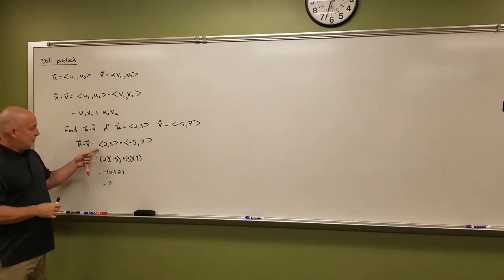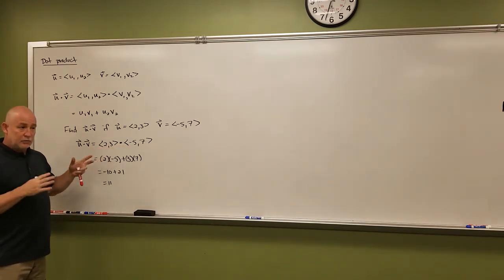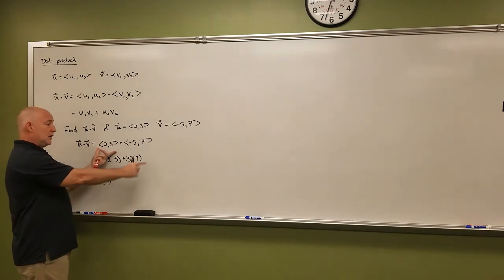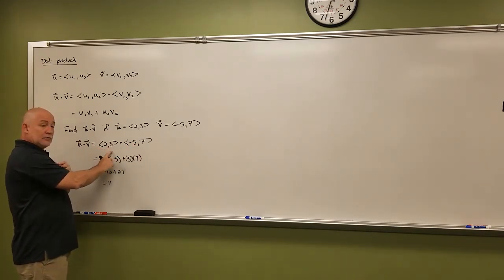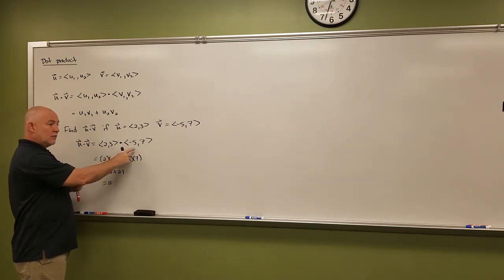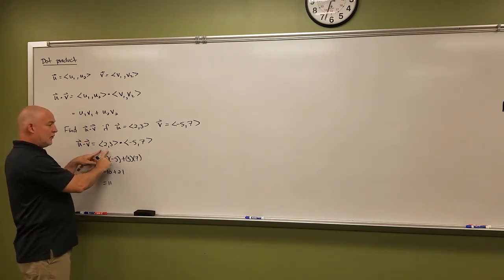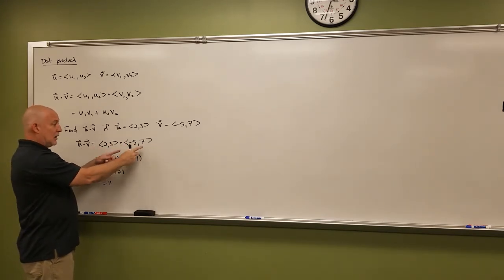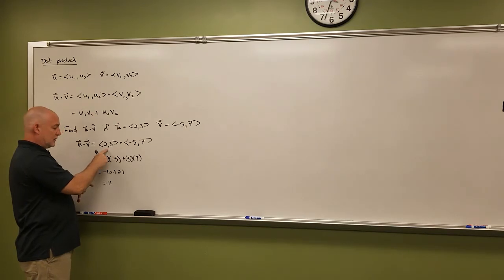Now, if one of these is a unit vector, then that's what you actually end up with: how much the other vector points in the direction of that unit vector. But if neither one of them is a unit vector, you kind of get how much this vector points in the direction of that vector, times how much the other vector points in the direction of this one.